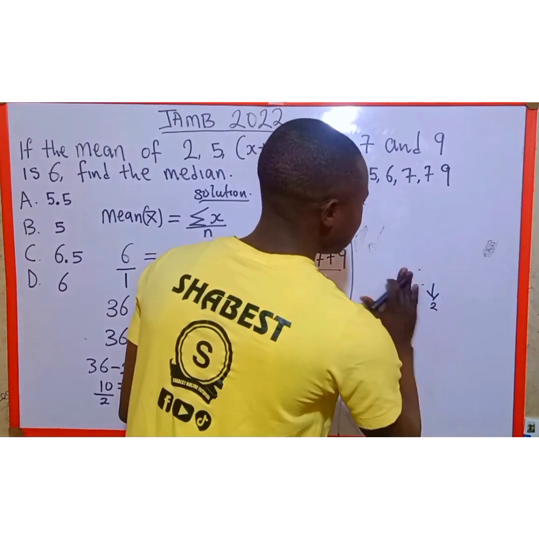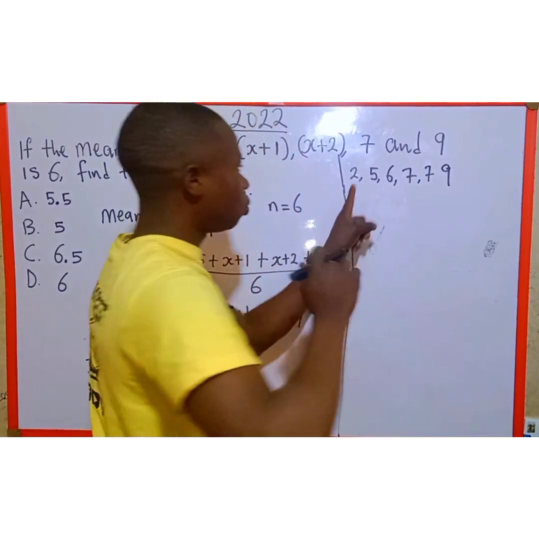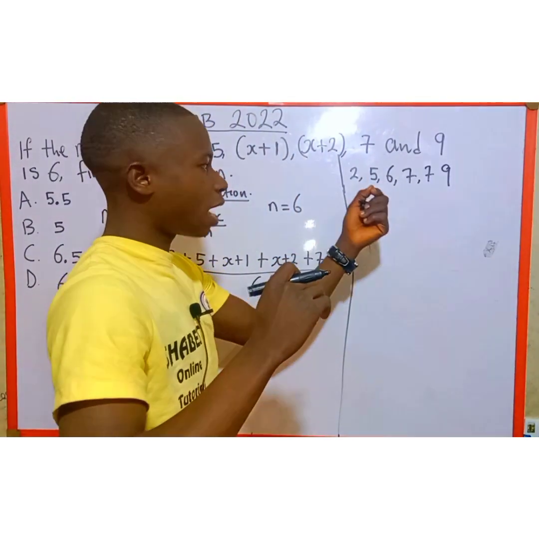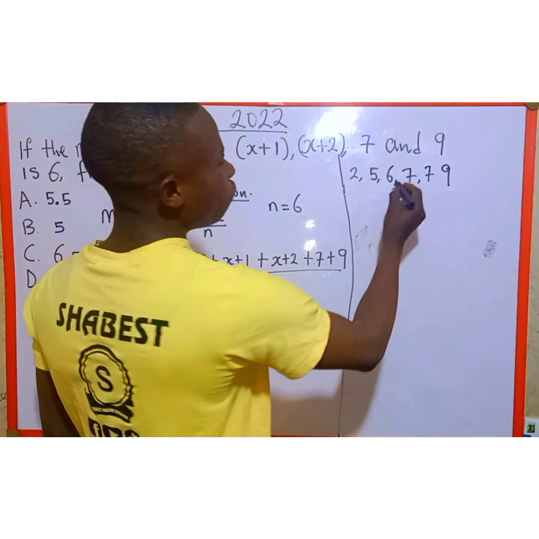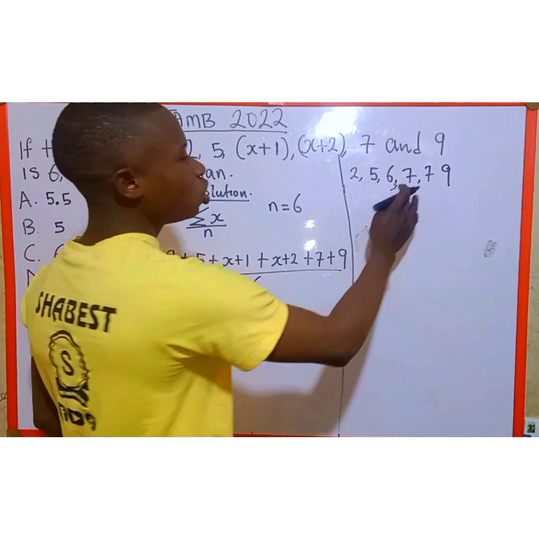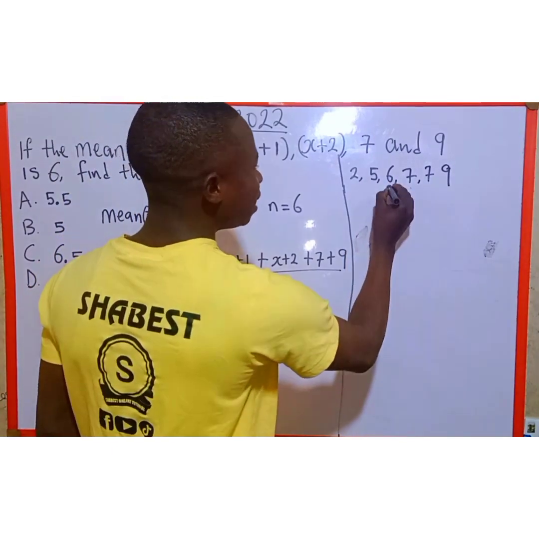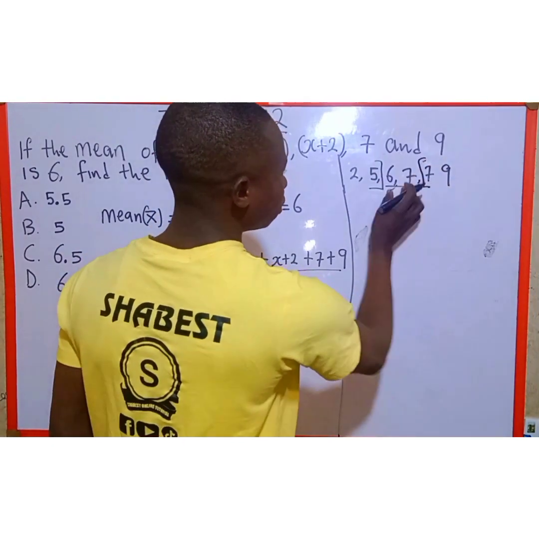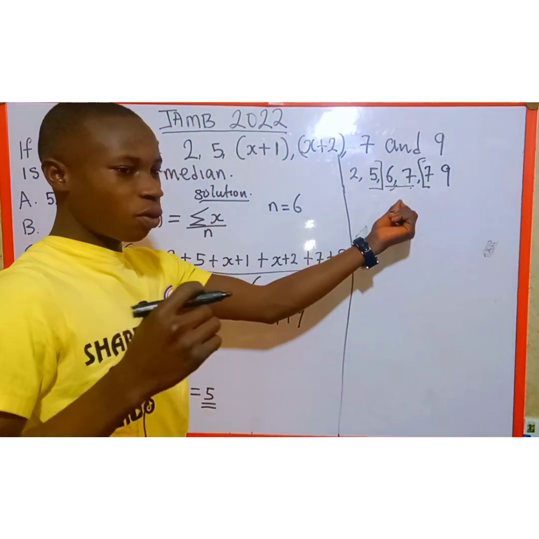But in this case, our data is even: 1, 2, 3, 4, 5, and 6. We have 6 items in this data. If you separate it, there is nothing in the middle. So what we do is add the two numbers in the middle of this data. 6 and 7 are the middle numbers here.